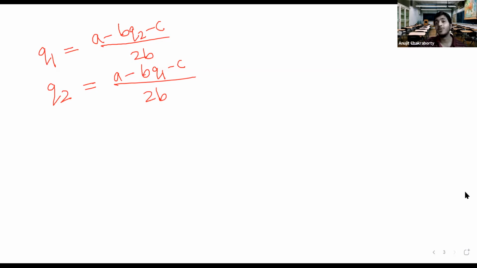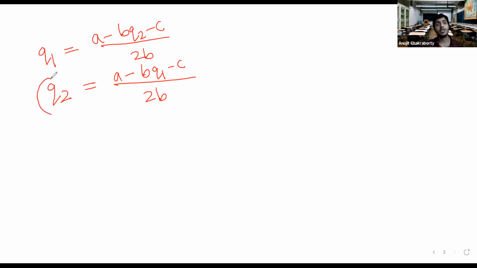Basically, if you think about it, you have two equations which are both linear, and there are two unknowns, Q1 and Q2. How will you solve it? Well, there are many ways to solve it. One of the easiest ways is the method of substitution.